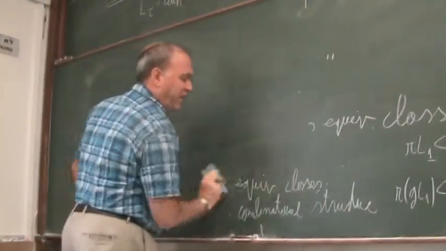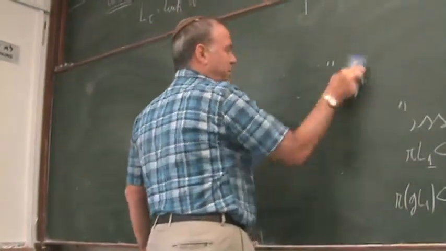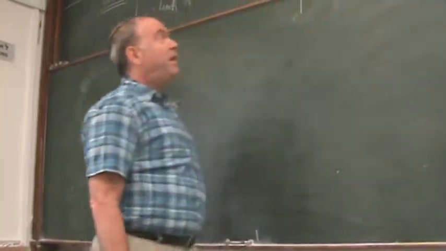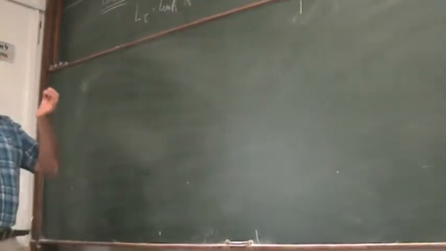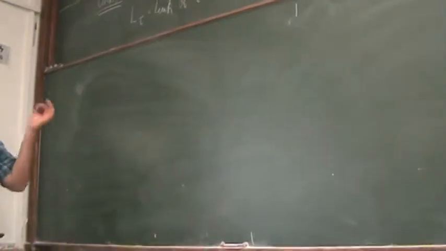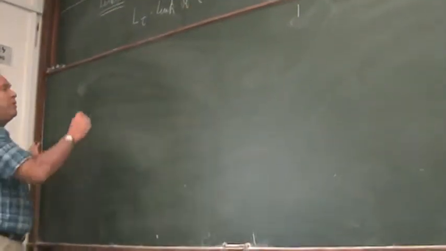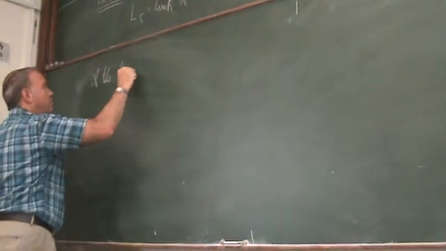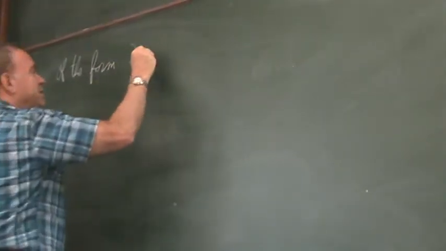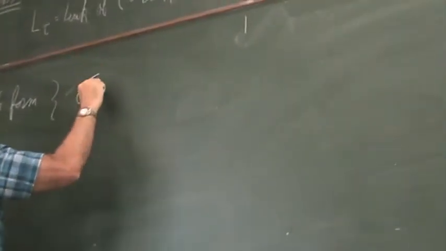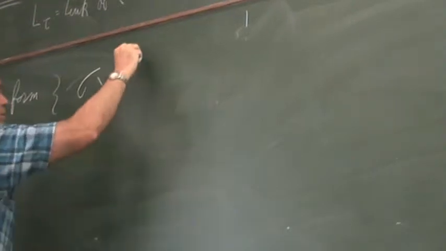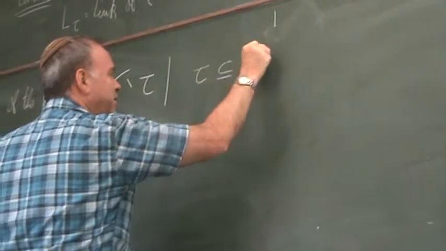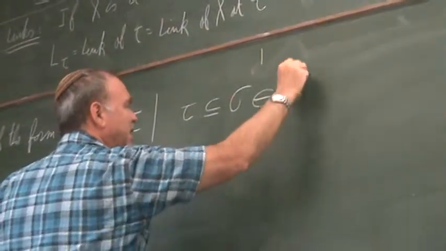I have a simplicial complex X, and I'm going to define a new simplicial complex, which will be the link at tau, as all subsets of the form sigma minus tau, where tau is a subset of sigma, and sigma is a cell of X.